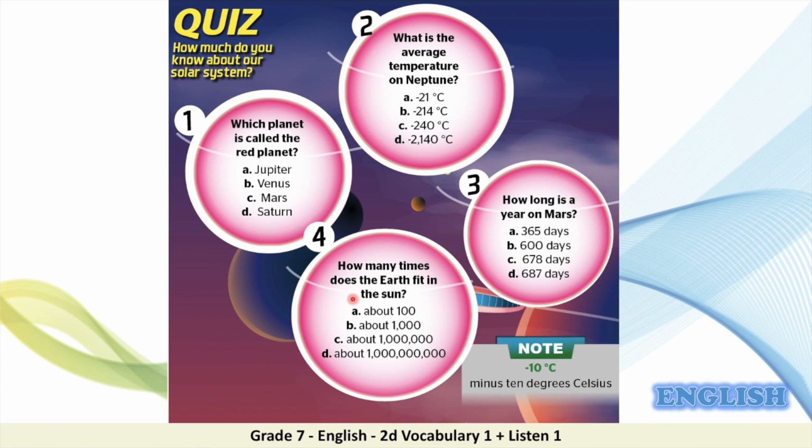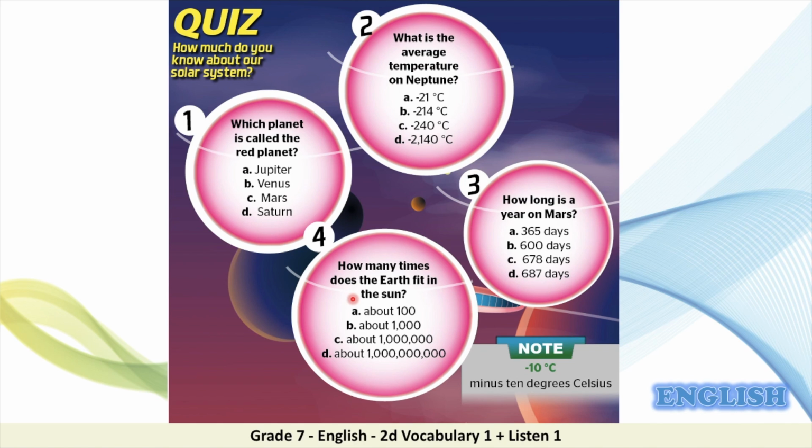Oh, right. And then there's Neptune, and Neptune is the farthest from the sun. It's very cold there. Do you know the average temperature on Neptune? No, I don't. How cold is it usually? Listen to this. Minus 214 degrees Celsius. Wow, that's very cold. Hey, what does it say there about Mars? A year on Mars is longer than an Earth year.